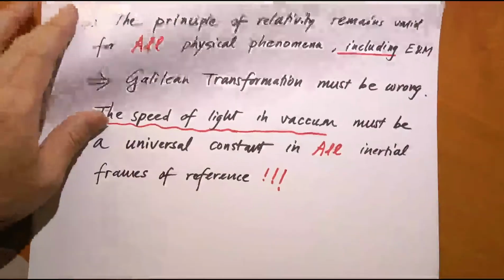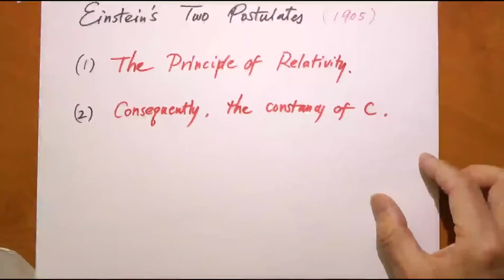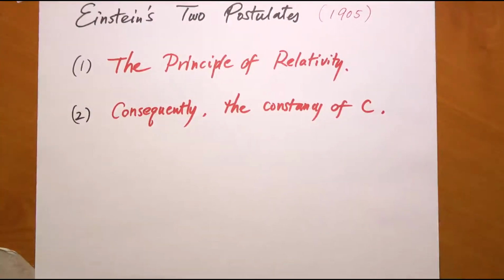So here are Einstein's two postulates, published in 1905. The first one is the principle of relativity. Basically, it extends Galileo relativity beyond mechanics. Galileo relativity says that all the laws of mechanics must be the same in all inertial frames.